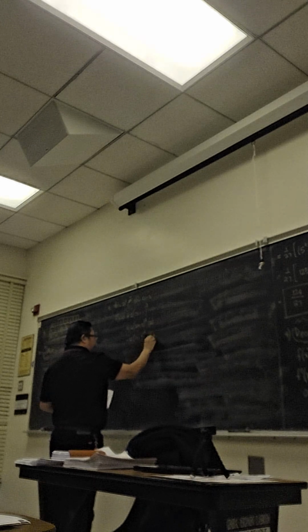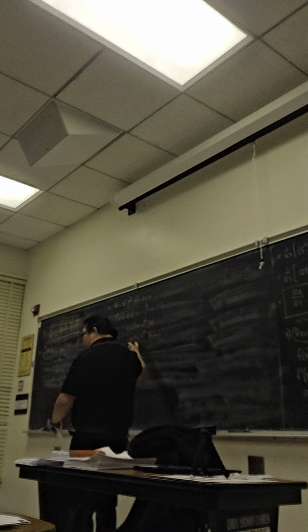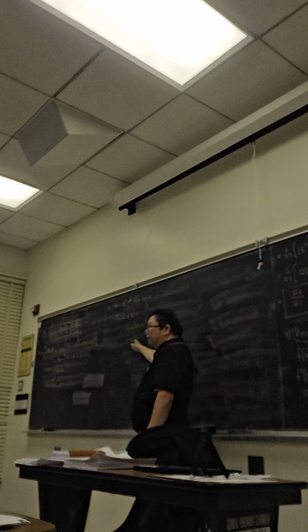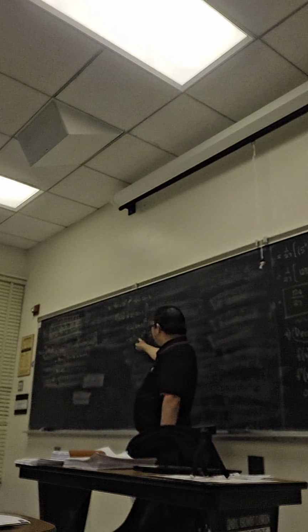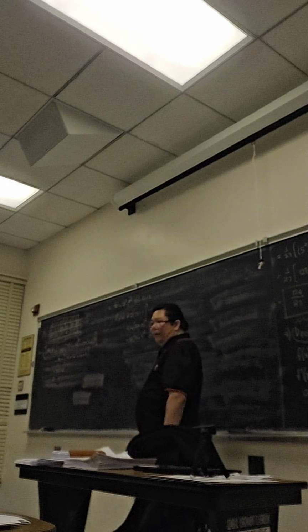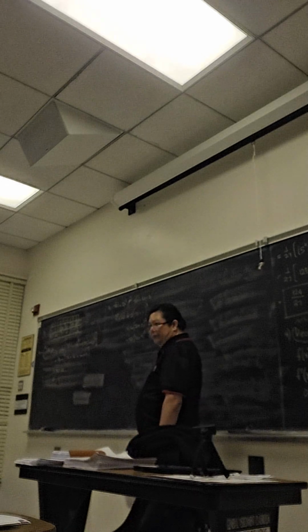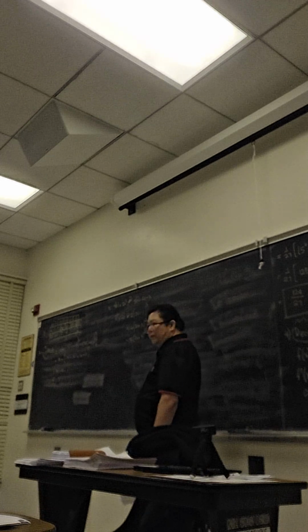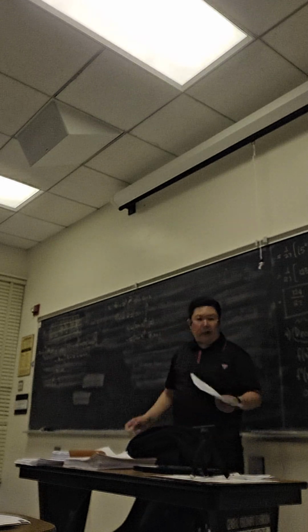Evaluated at x equals 1. So you plug in 1 now. Okay? Plug in 1. So 2 times 1 is 2 plus 3. 5. Then square of 5. 25. Right? 25 and then times 12. Anybody has the answer?